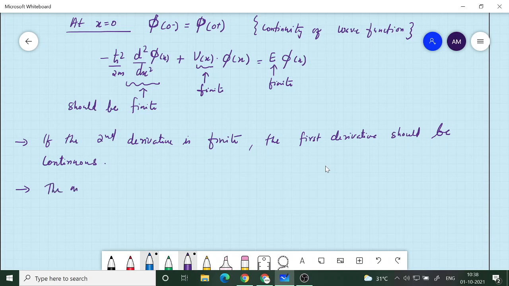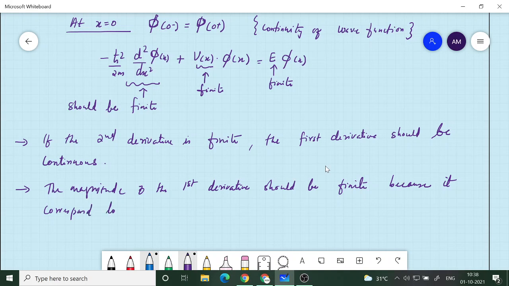The magnitude of the first derivative should be finite, because it corresponds to the momentum of the particle.